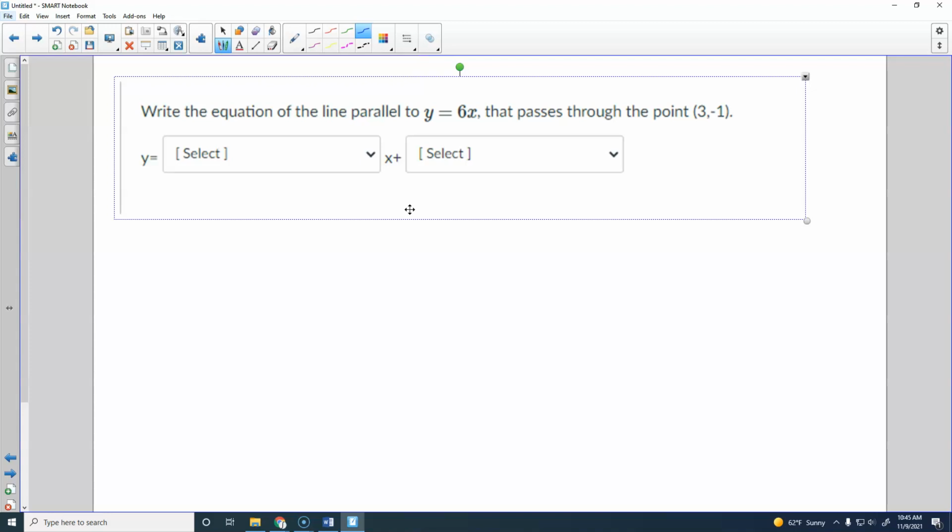Oh wait, no, hold on. It was Cameron that was picked last. I take it back. You can't pick Cameron. All right, see what you got. That is correct. Y equals 6x minus 19. Good job.